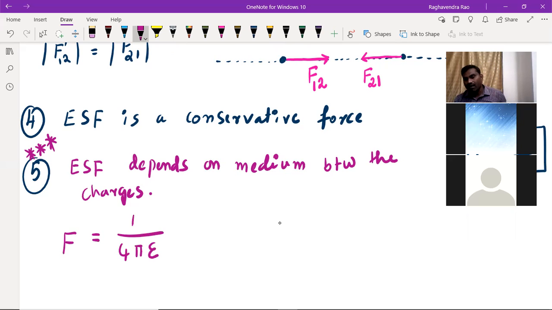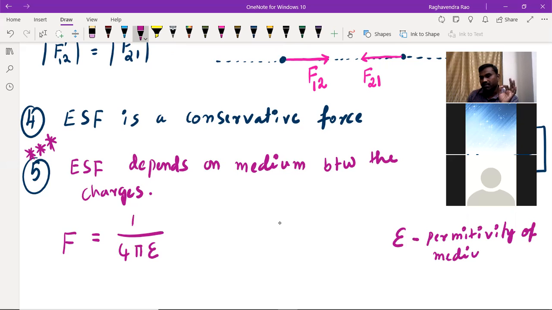In the place of epsilon naught we have taken epsilon. What is epsilon? Epsilon is the permittivity of the medium, whatever the medium, like oil or water.